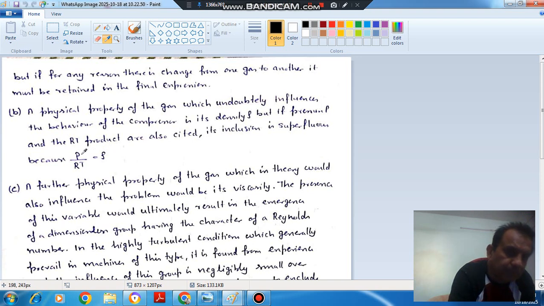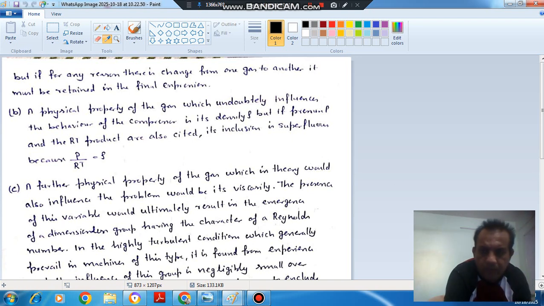But if we take P with RT, then we can eliminate the influence of rho. So that is your point B. A physical property of the gas which undoubtedly influences the behavior of the compressor is density, but if the pressure and RT product are also cited, its inclusion is superfluous, because P by RT is density.